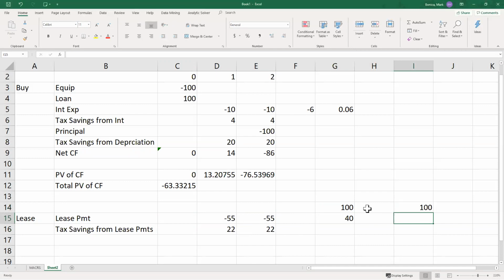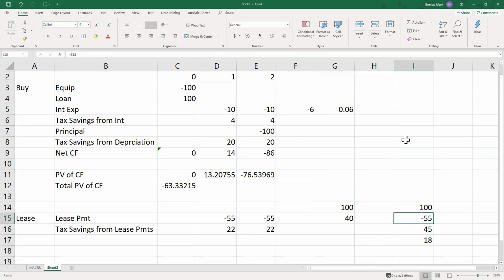But if I have 100,000 in revenues and then I pay 55,000 in lease expenses, then my taxable income is going to be 45, and then I pay 40% of 45, which is 18, right?